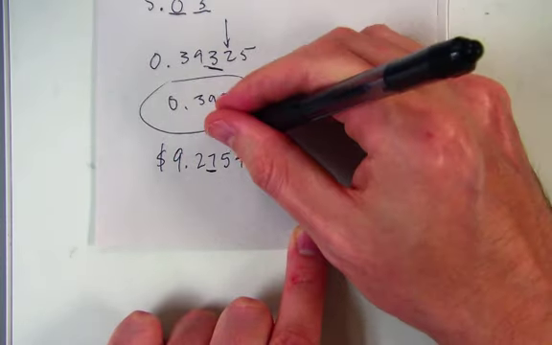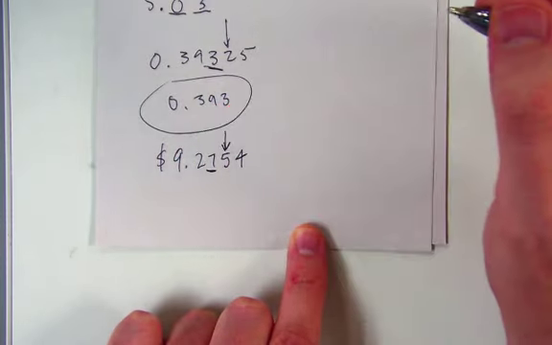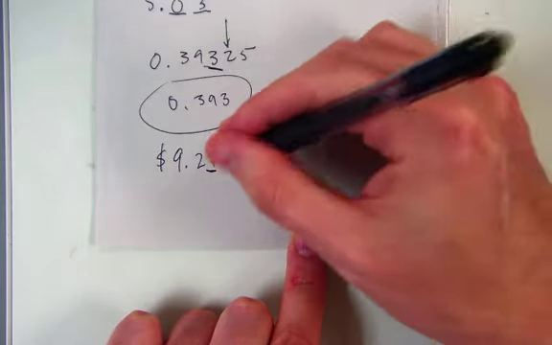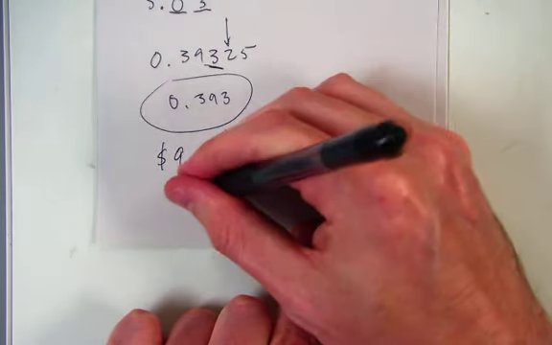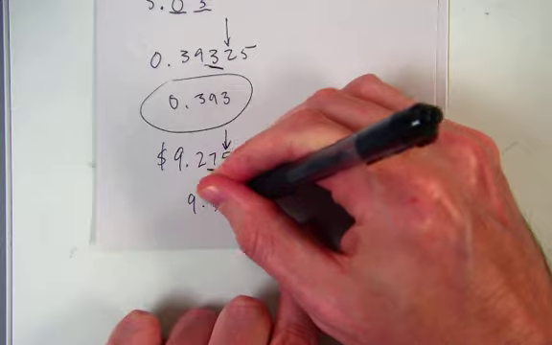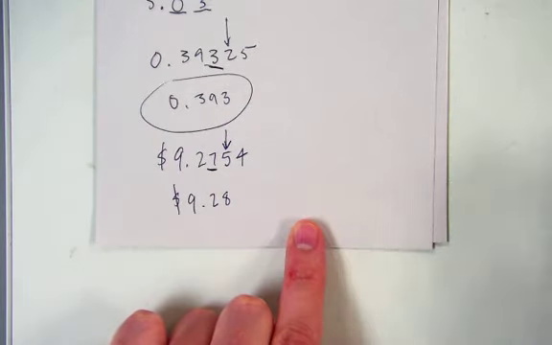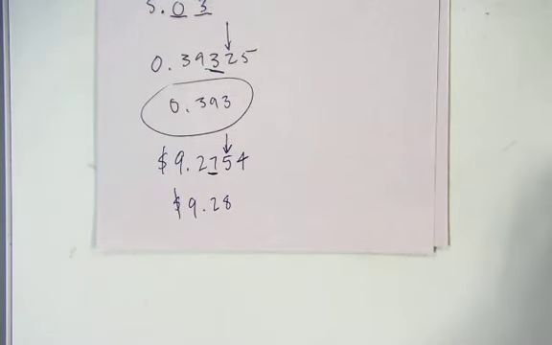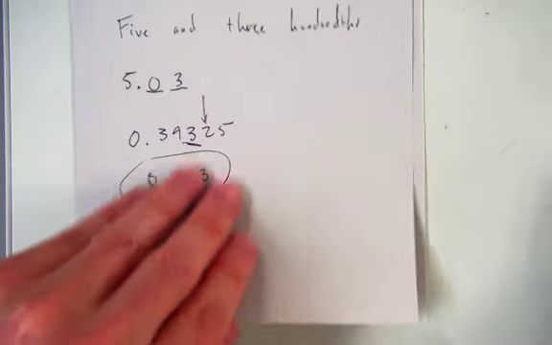Again, we're going to look at the next spot over. If it's 5 or bigger, we're going to go up, and in this case it is 5 exactly, so we're going to go up to $9.28. So we're definitely going to have to do a little rounding. That's kind of the idea there.